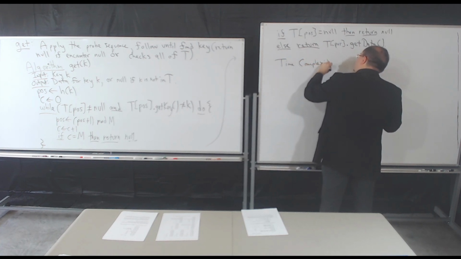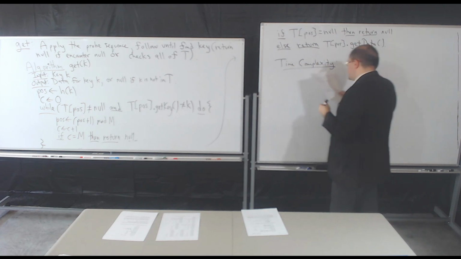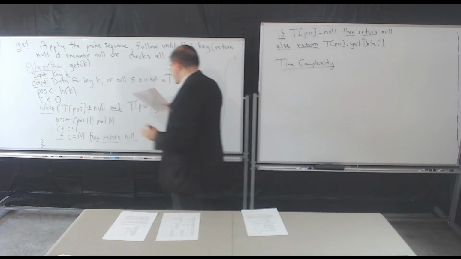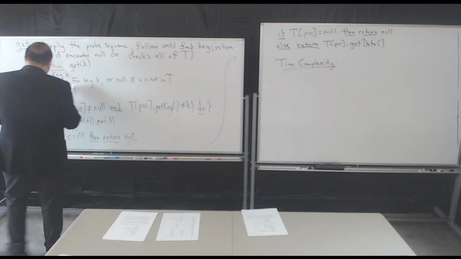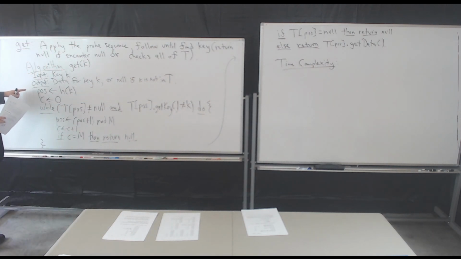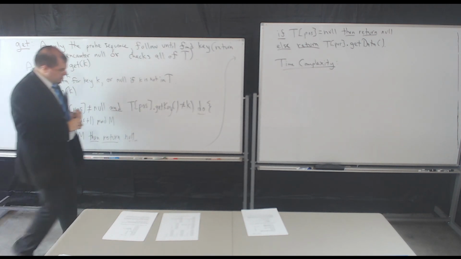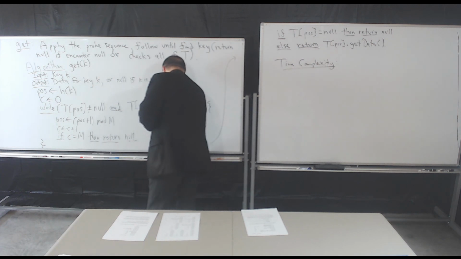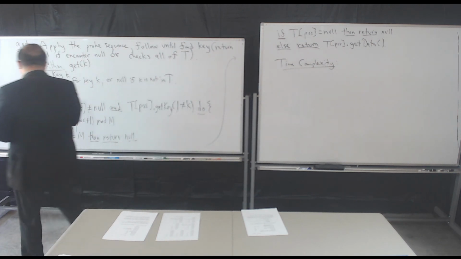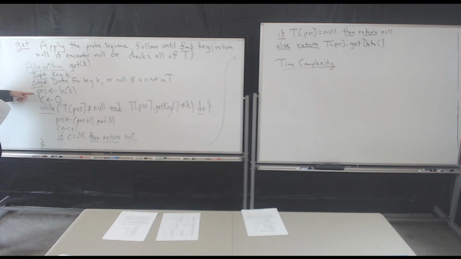So let's consider the worst case time complexity here. Okay, so I have this line here. Let me pull out a different colored marker. Let's go with pink. Pink is exciting. How long does this take?